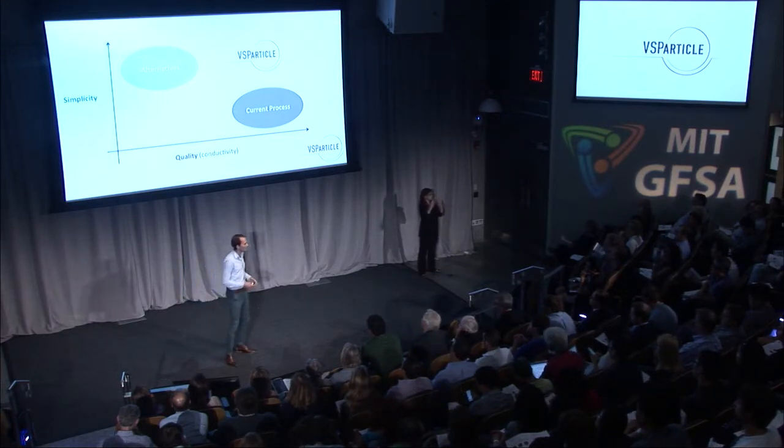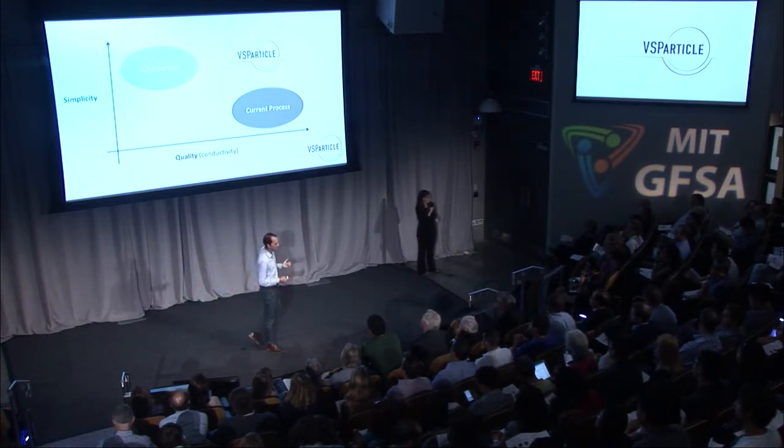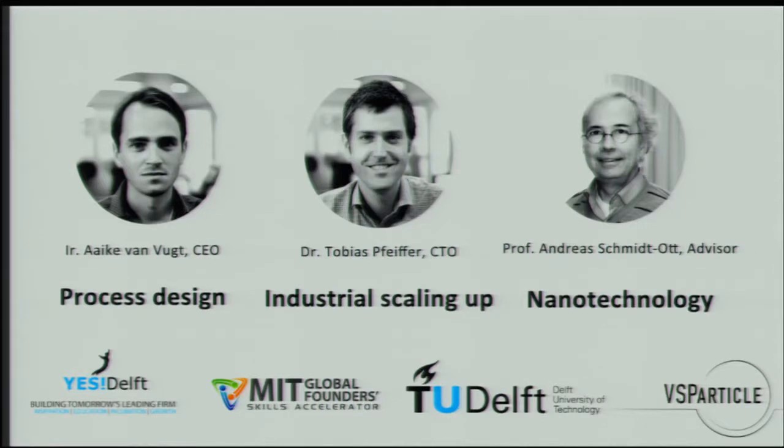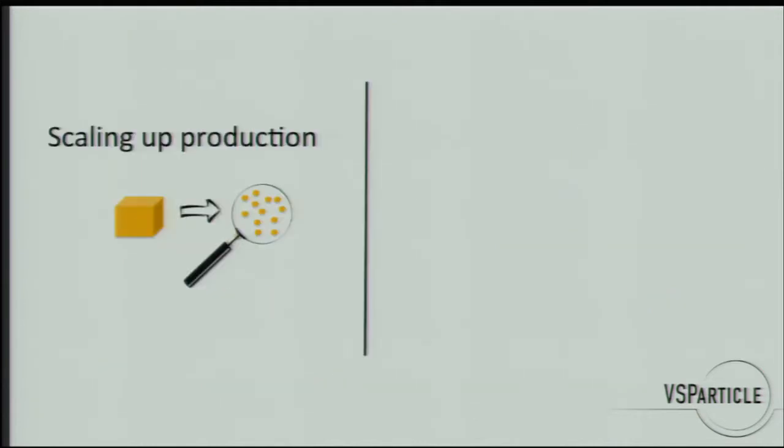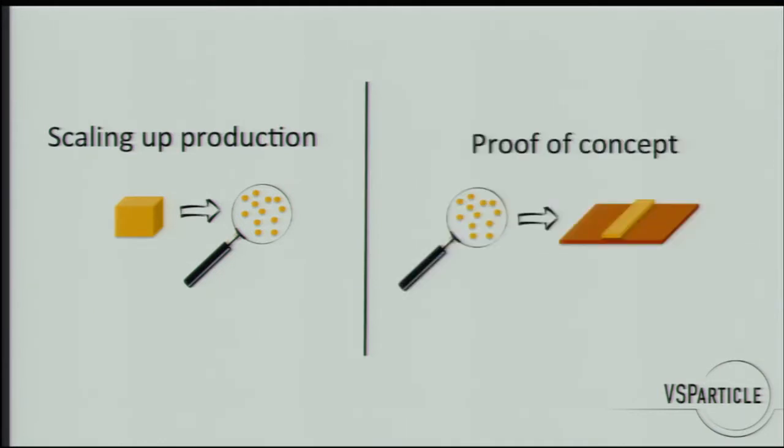And here it comes. The only way we were able to achieve this is by having a great team, with background in process design, industrial scaling up, and together more than 40 years of experience in nanotechnology. In the last years, we have proven that we can scale up the production of nanoparticles. In the last months, we have shown that we are able to use these nanoparticles to make solid, conductive, pure metal lines.